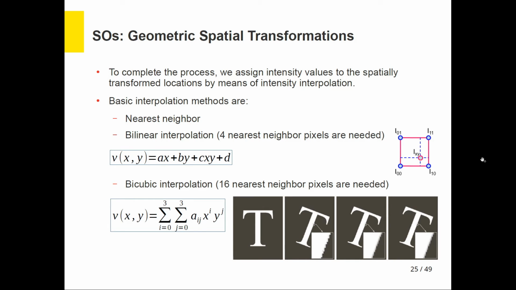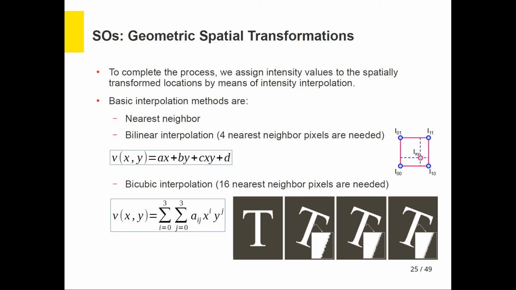So one thing that you should know is that only applying the transformation matrix to the spatial coordinate is not enough to create a geometrically transformed image. This process is usually followed by intensity interpolation, because when we rotate, for example, an image, in terms of matrices, we cannot have a rotated matrix, because the grid that we use for an image is always straight.